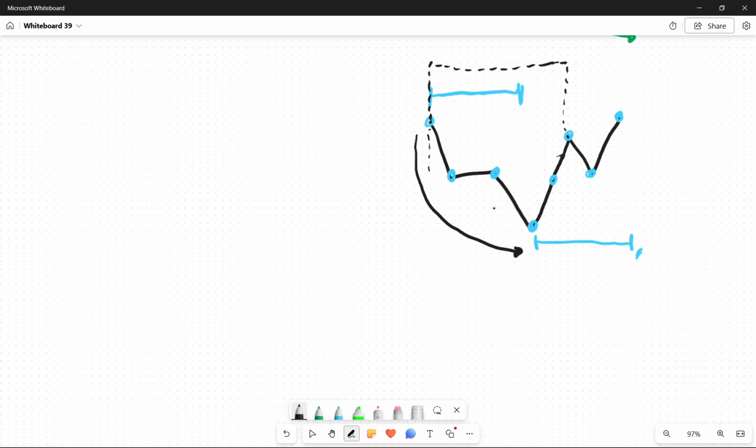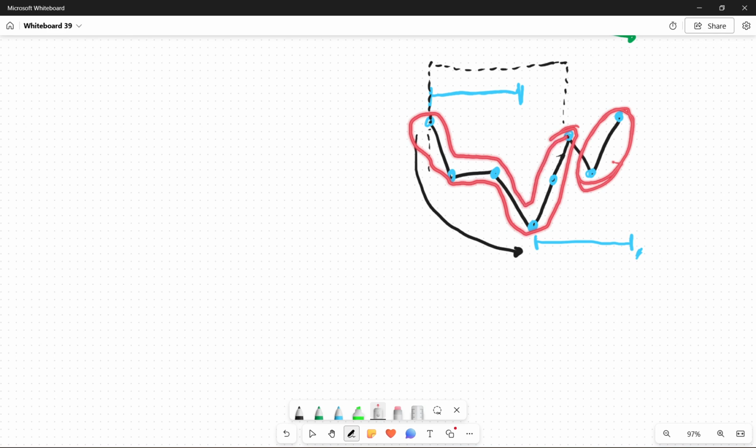Okay, so this part of the graph will remain as it is, but this part of the graph will shift downwards, will drift downwards, or whatever you want to call it. So let's suppose it comes downward.